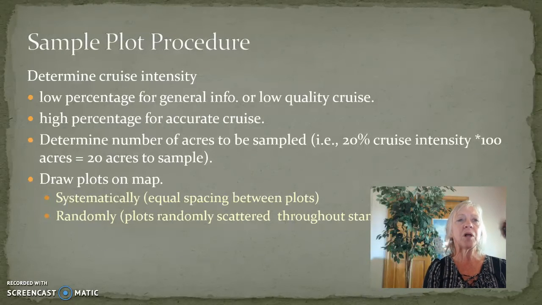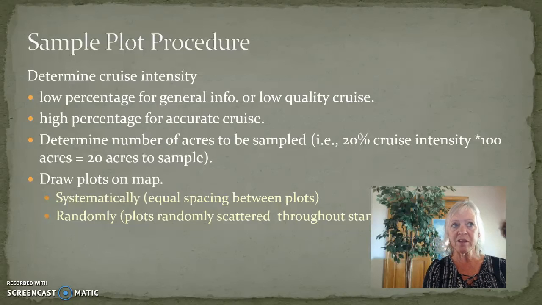So the sample plot procedure is first determining the intensity of the cruise. So should we have a 5% cruise or a 20% cruise? So you would use a low percentage for general information or a low quality cruise, and you would use a high percentage for more accuracy. Determine the number of acres to be sampled, like a 20% cruise intensity for 100 acres would be 20 acres.